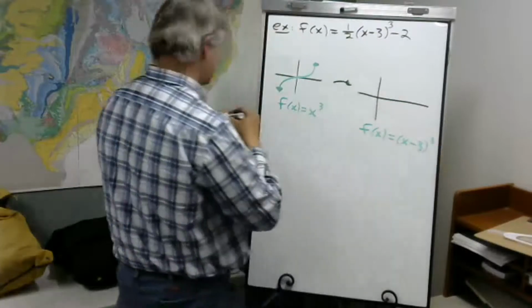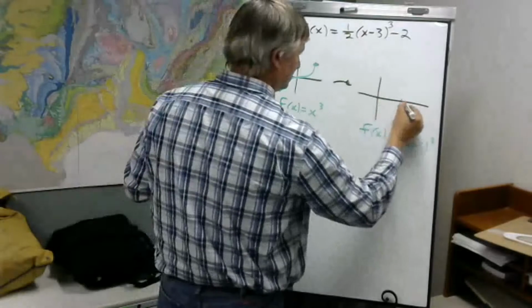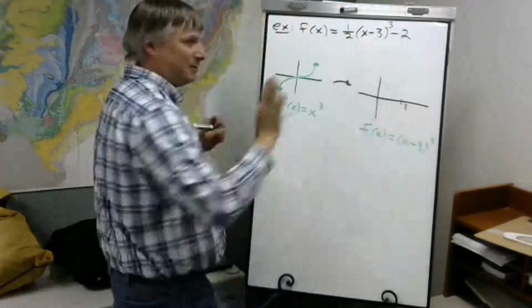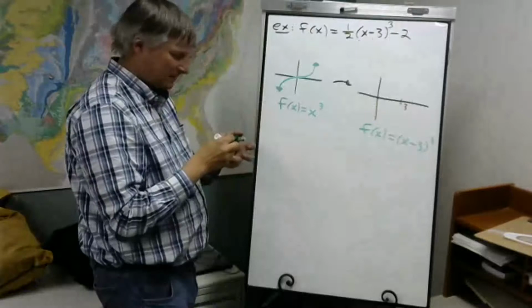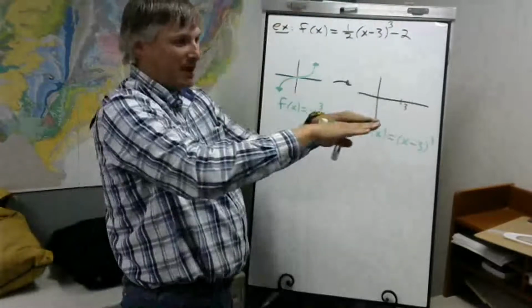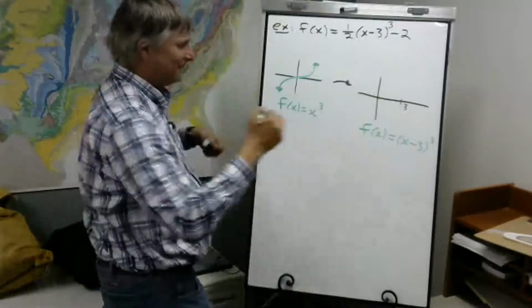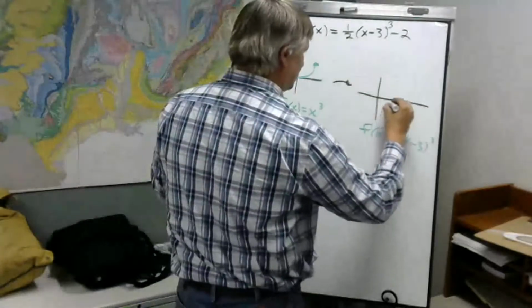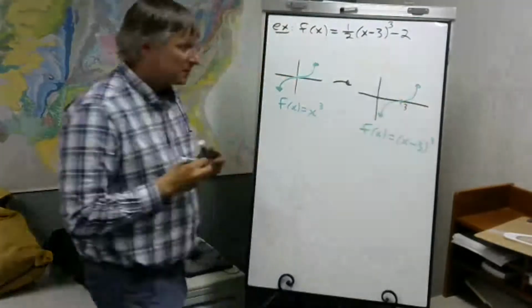Again, minus c moves you to the right, plus c moves you to the left. And then for vertical shift, plus c does move you up, and minus c does move you down, which we'll see. We're going to shift over to the right 3 units.